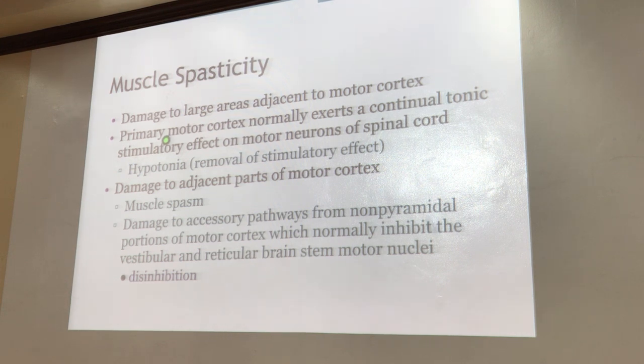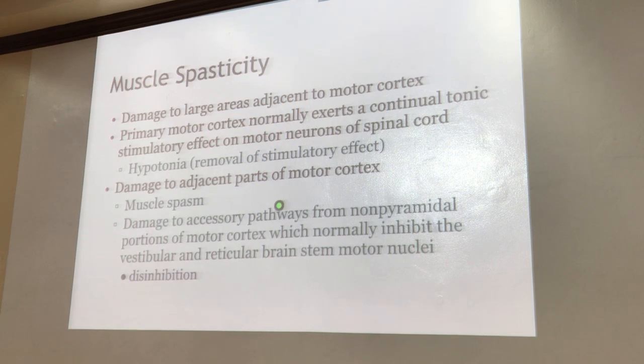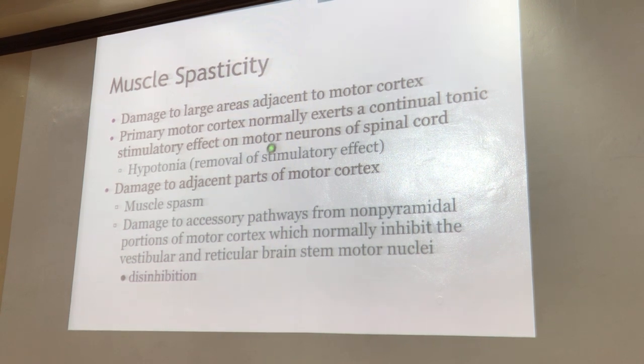Pag magka-lesion doon, mawawala yung tonic stimulation na yun. Initially, there would be loss of the muscle tone, kaya tinatawag siyang hypotonia because there would be removal of the stimulating effect. But eventually, there would be other pathways that would take over or further damage of the other parts of the motor cortex can lead to spasms or unnecessary muscle contraction. Okay?